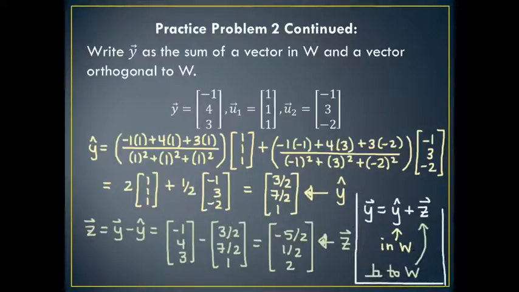Y hat is in W, z is perpendicular to W, and so we've done exactly as the problem asks. You would actually write the vector y hat and the vector z that you found in the problem.